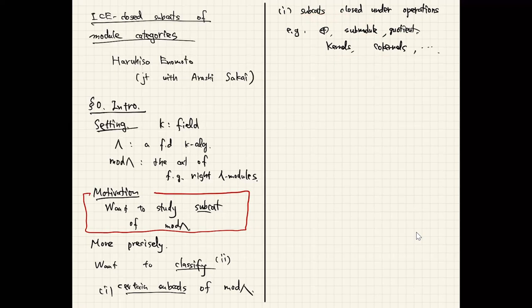And by classifying these subcategories, we mean that we want to establish a bijection of the following form. We want to make a bijection between these subcategories and certain good modules.